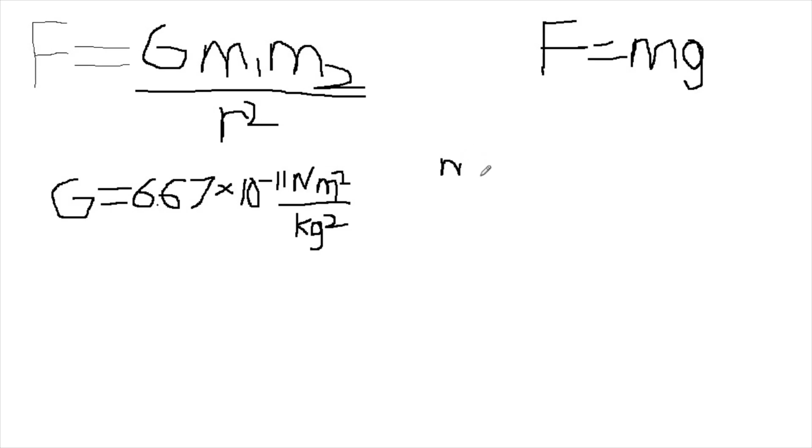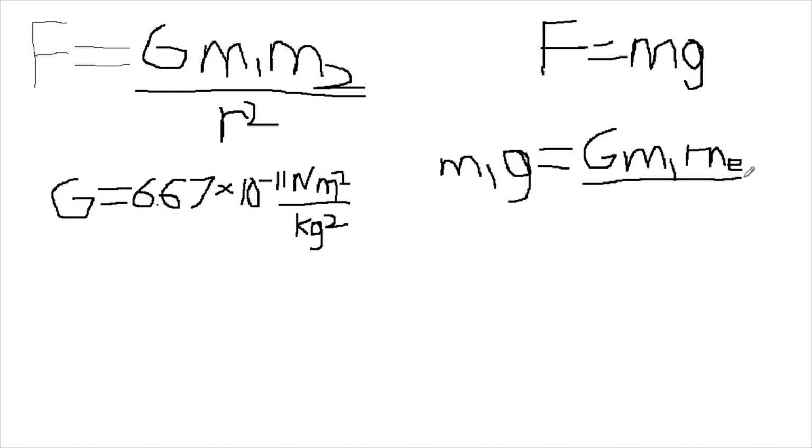So mass 1 times the acceleration of gravity near the surface of the Earth is equivalent to the universal gravitational constant multiplied by the mass of that object, mass 1, times the mass, let's call it E for the Earth, and divide it by the distance between the two objects squared.